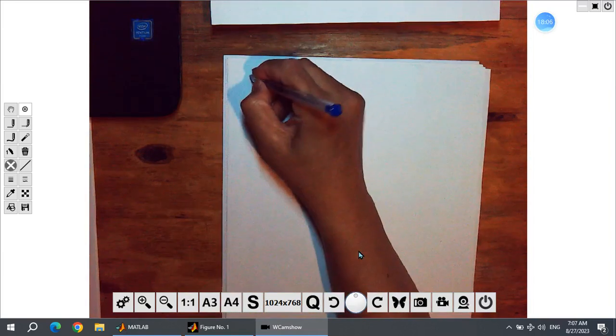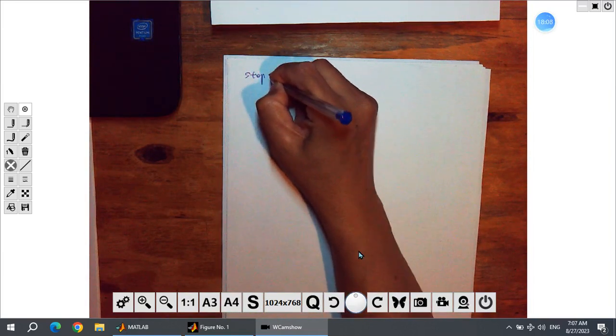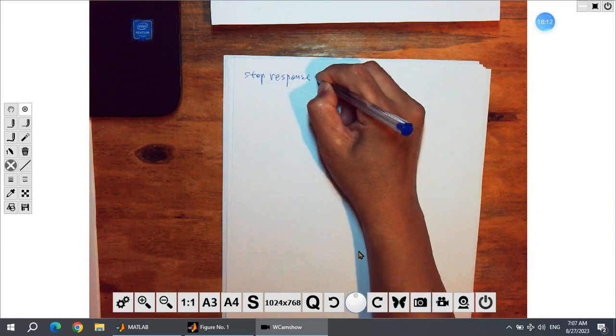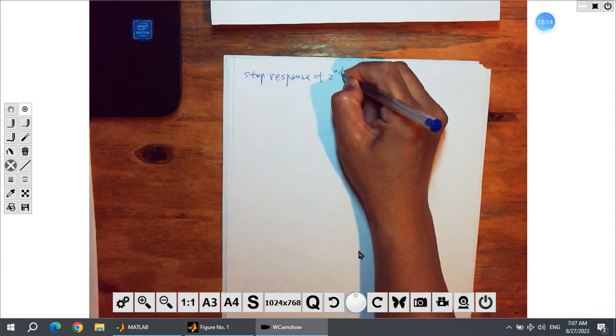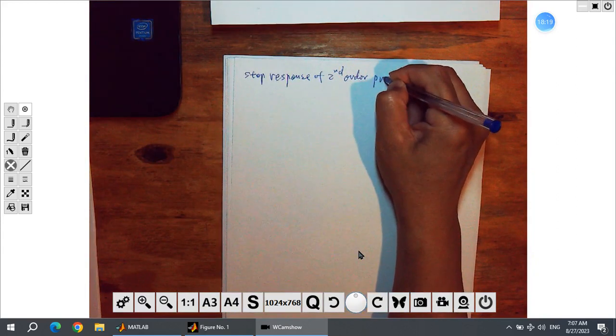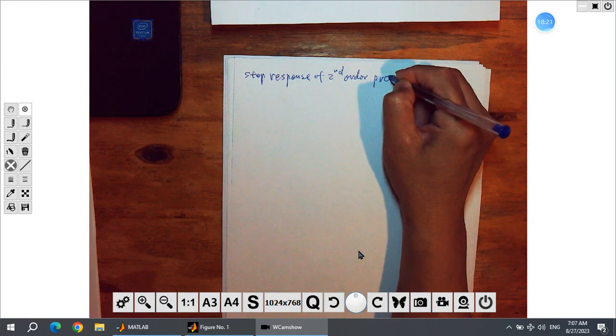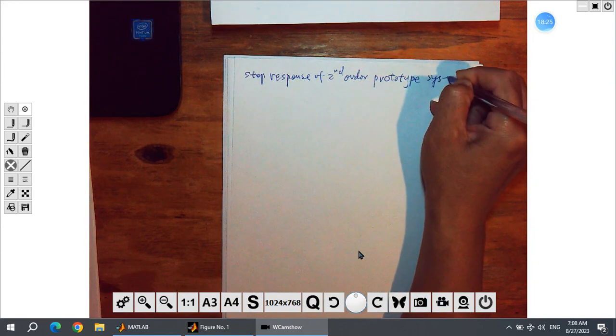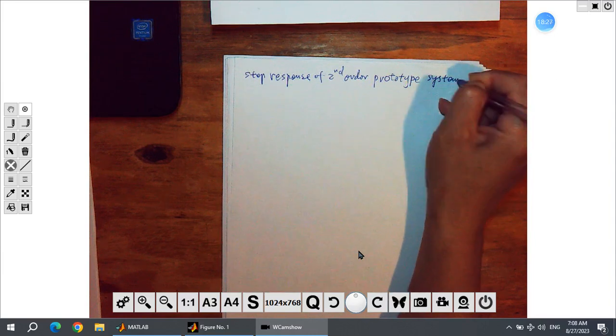So we consider the step response of second order. We say this is a prototype system.